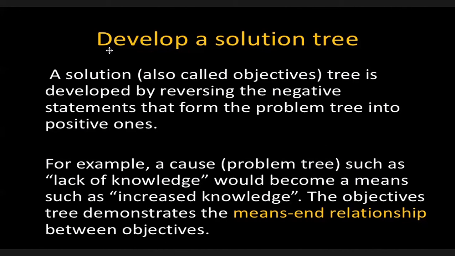So it was in a negative format and this one is in a positive format. Again, this is going to be useful in your research. For example, a cause in the problem tree such as lack of knowledge would become, as a means, an increase in knowledge. So the objective tree demonstrates the means and relationship between objectives.